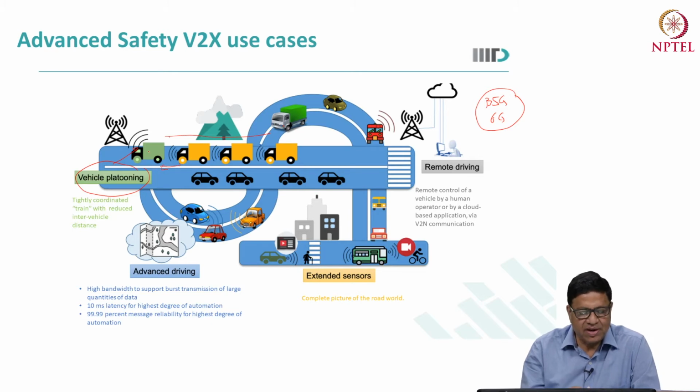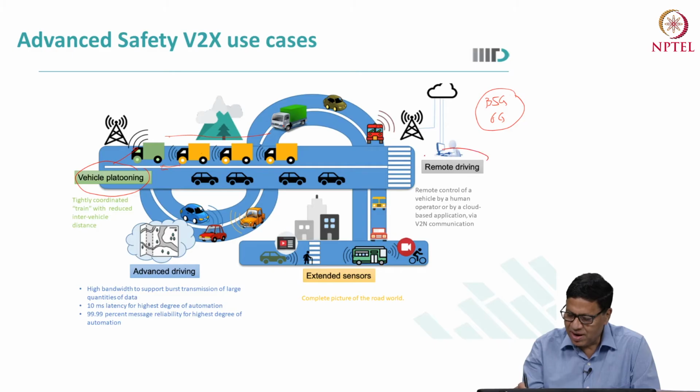And this green vehicle, for example, is able to communicate with the second one, this communicates with the third one, and so on and so forth. So the distance between them is reduced, and all the movement is coordinated. So this is one example which is part of beyond 5G and 6G requirements.